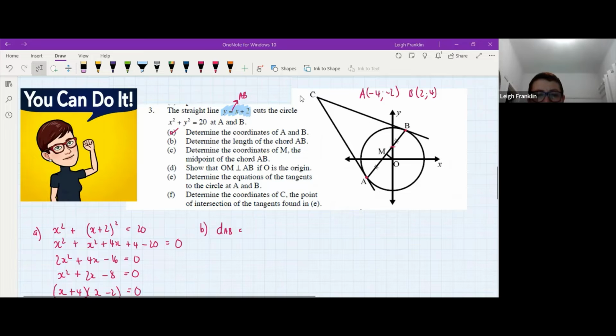Pop the answer in the chat. Anyone got an answer yet for the length of chord AB?